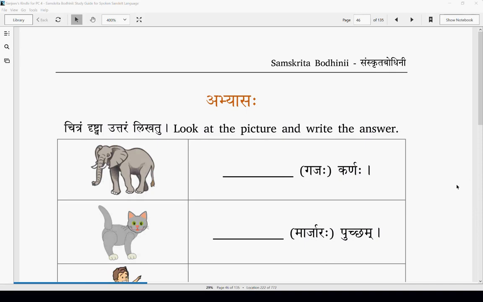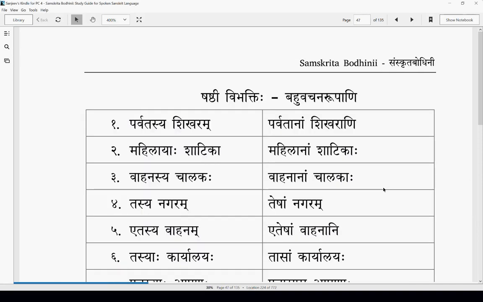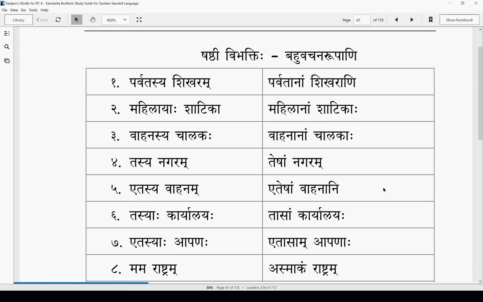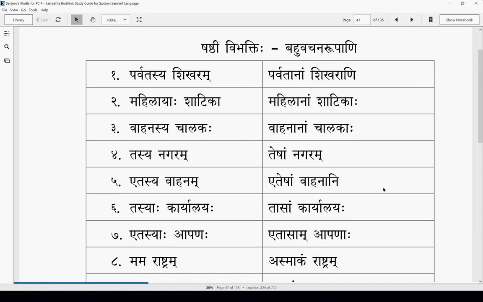Sorry, I have a question. For number 4 and number 5, you say tasya nagaram, tesham nagaram, etasya vahanam, etesham vahanani. So why didn't we take nagaram for plural? Yes, you can take it. It doesn't matter. You can also keep this as singular. It is generally how we talk.